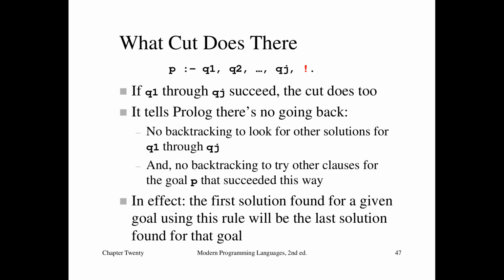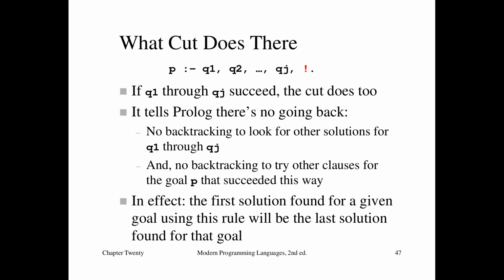So when we put cut at the end of a rule, for example, here we have the predicate P defined as the conjunction of Q1 through QJ. If Q1 through QJ succeed, the cut does too, and it tells Prolog there's no going back. We can't backtrack to look for other possible solutions for Q1 through QJ, and no backtracking to try other clauses for the goal P that succeeded that way.